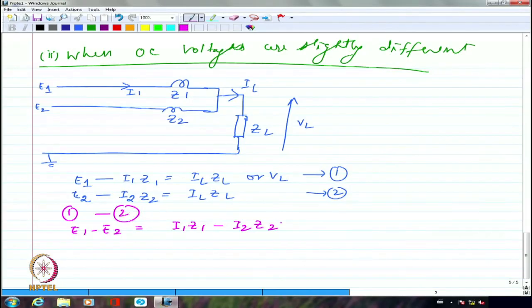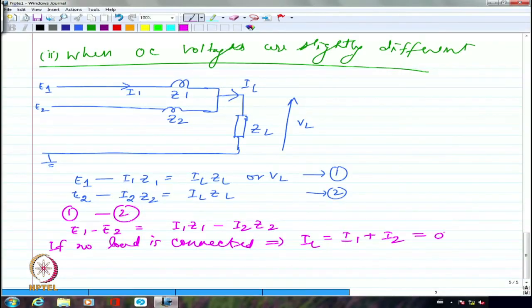Let me again examine this for no load condition. If no load is connected, then I am going to have IL, which is actually equal to I1 plus I2 equal to 0. So I1 is equal to minus I2, right? But I cannot say in this case the circuit will be dead.